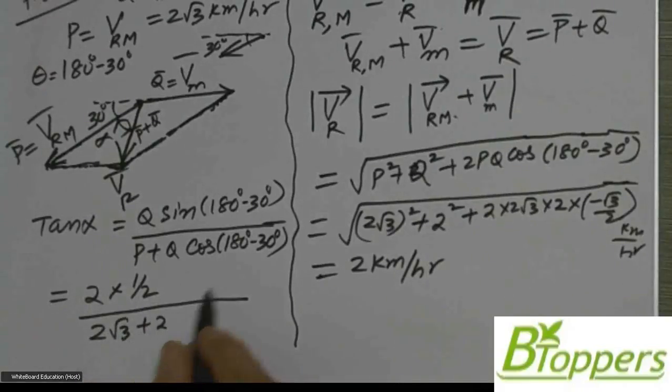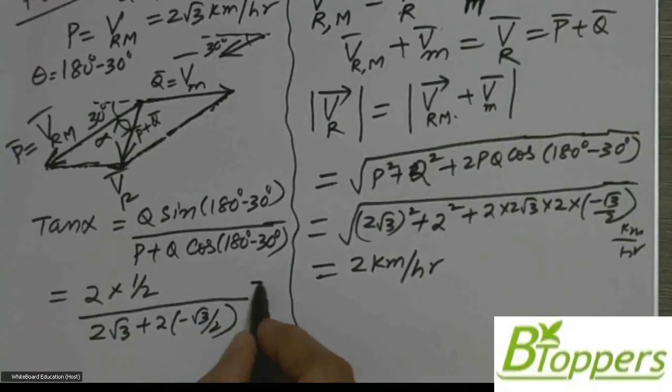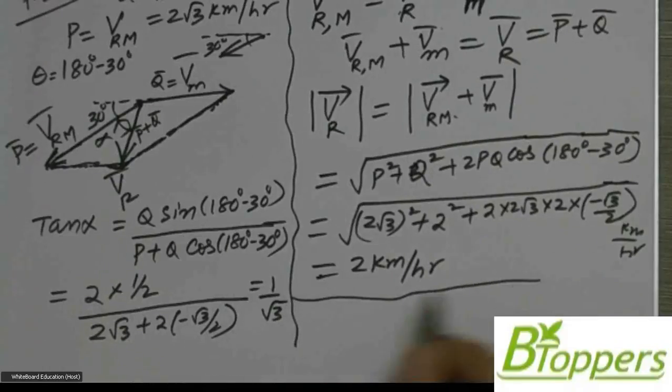Q equals 2 km/h. Cos 180 degrees minus 30 degrees will be minus cos 30 degrees. To simplify this, you get 1 by √3. So tan alpha is 1 by √3. So you get alpha equal to 30 degrees.